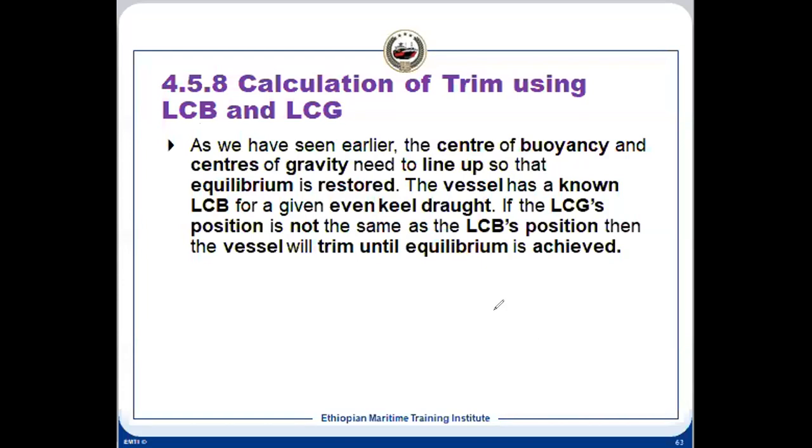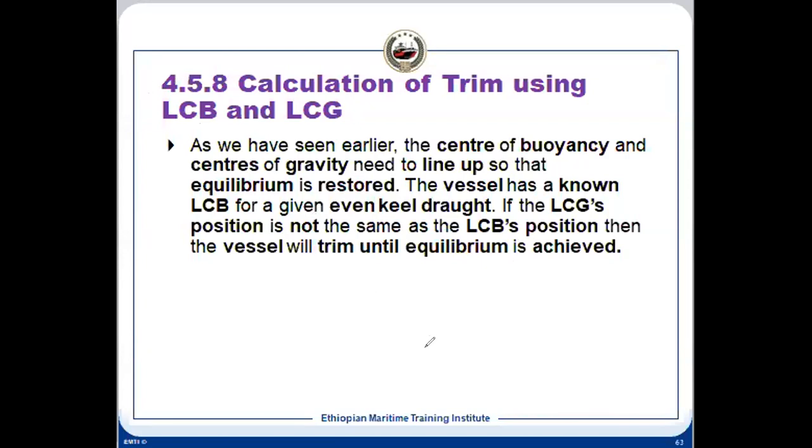It means we have seen in the transverse stability, B, G, and M have to be on the same line. In longitudinal also it has to be on the same line. And because of that, we can calculate the trim if we use this LCB and LCG.